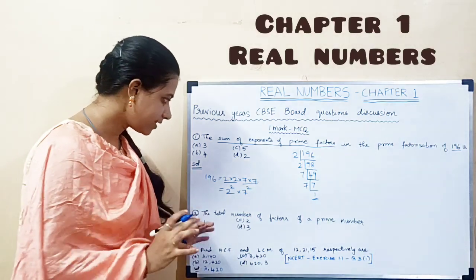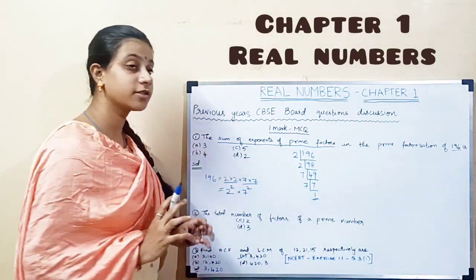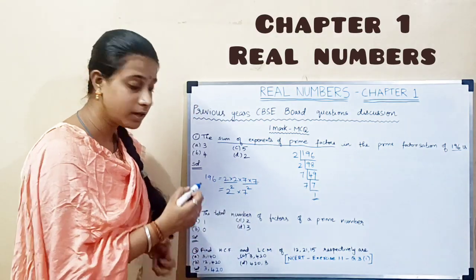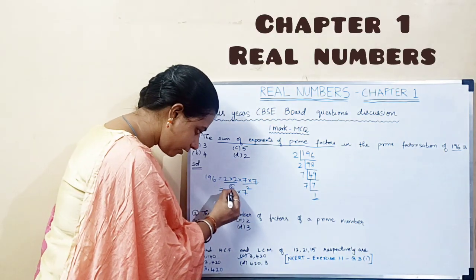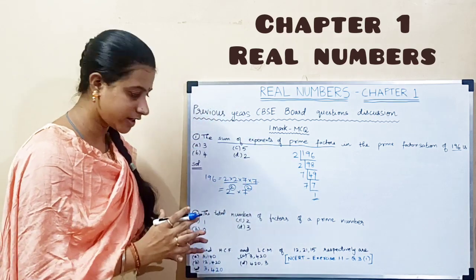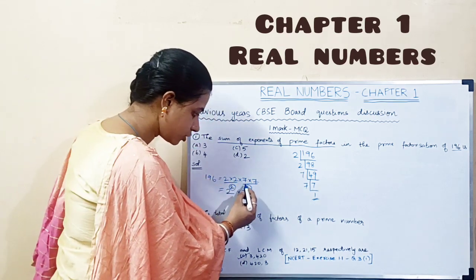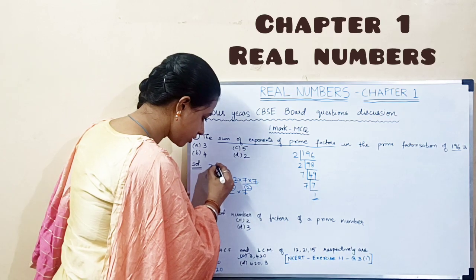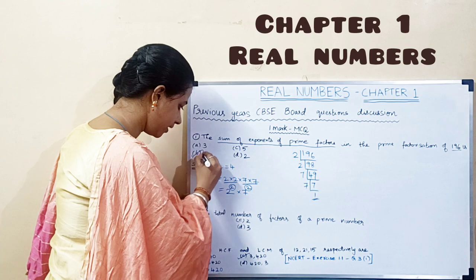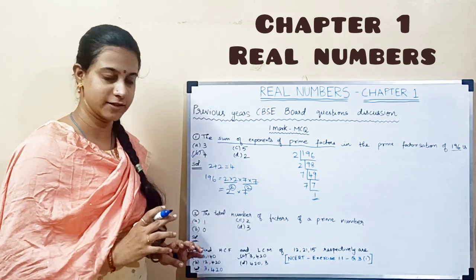What they have asked is the sum of exponents of prime factors. Here the prime factors are 2 and 7 and the exponents are these two. So the answer should be 2 plus 2 equal to 4. Option B, 4 is the correct answer.